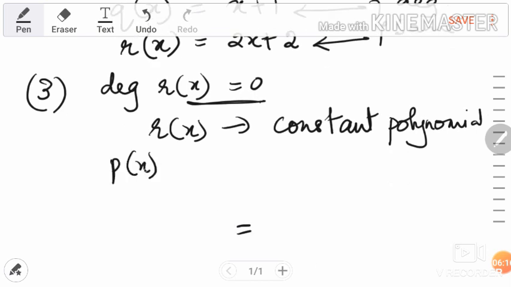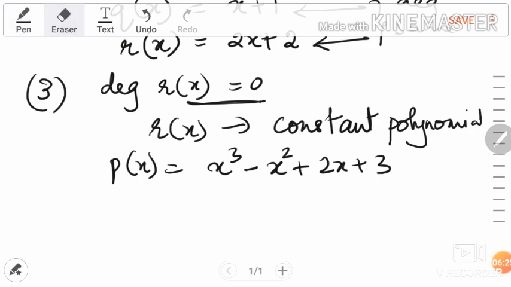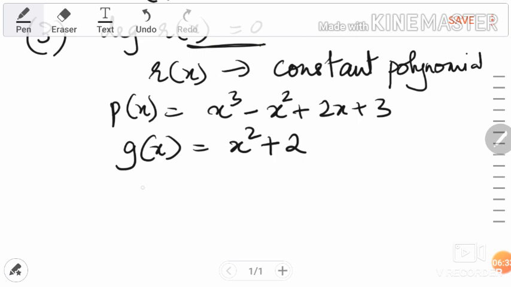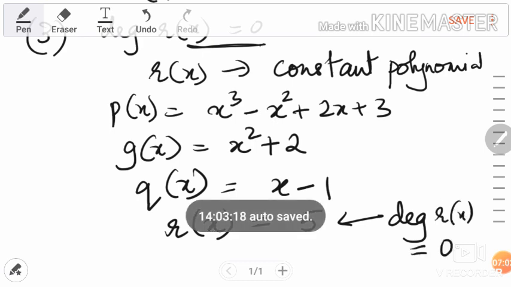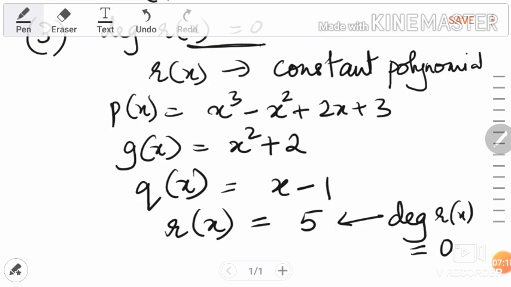So let's say if p of x is x cube minus x square plus 2x plus 3, g of x is x square plus 2, then on dividing you will get the quotient as x minus 1 and remainder as 5. Degree of constant polynomial over here is 0. Likewise, many examples can be written by trial and error that satisfy these conditions.